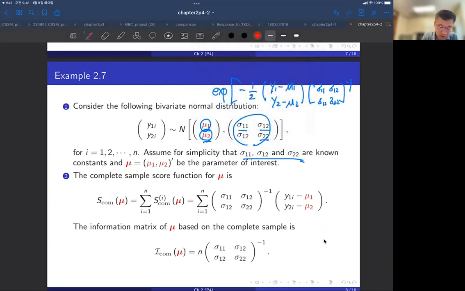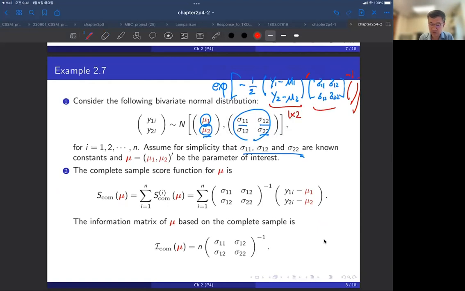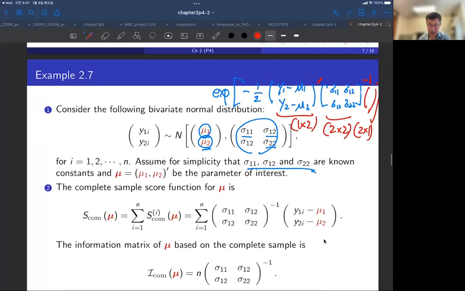Then the inverse, and then this vector, and then the transpose, right? So this is 1 times 2, 2 times 2, 2 times 1, so that becomes a scalar. Okay.